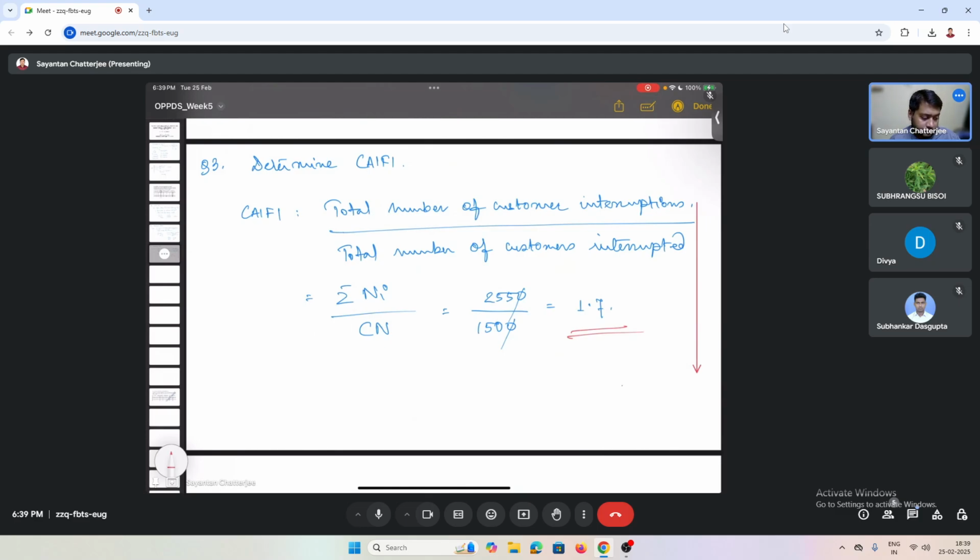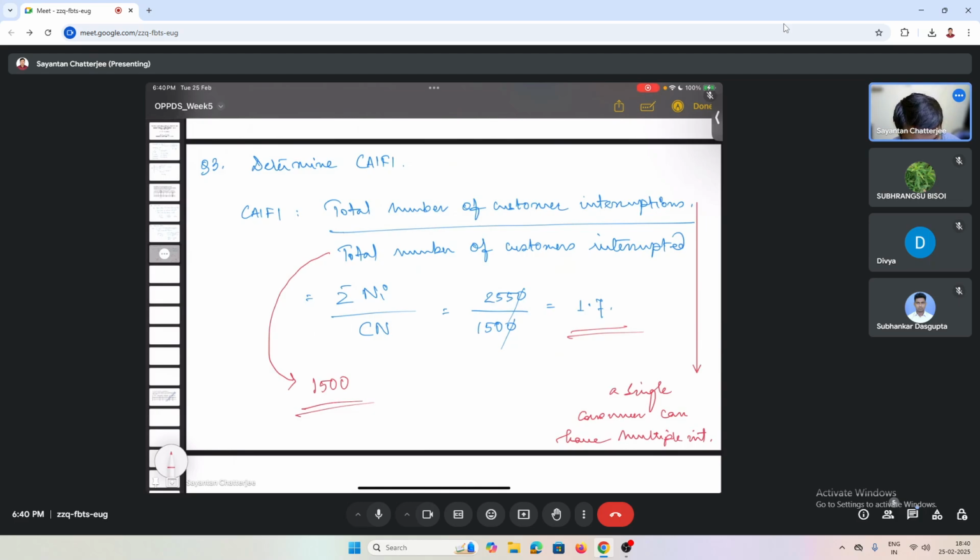A single consumer can have multiple interruptions, and each interruption is counted as one. But in the denominator, how many customers originally got affected? 1500 were the number of customers. Some of them got multiple or repeated interruptions, and each and every interruption has been taken into consideration. So overall, this is the answer of KAIFI.